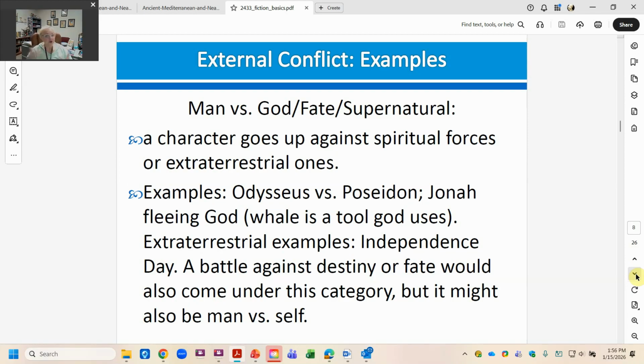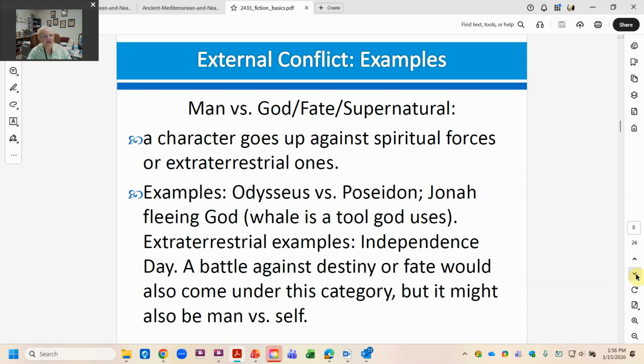Man versus the supernatural, which can include fate and the gods, as well as aliens, right? So spiritual or extraterrestrial forces. Again, the battle can be against destiny or fate. But sometimes when a character is battling against fate, it can actually be more of a battle against self.